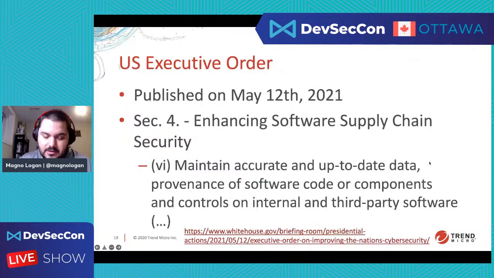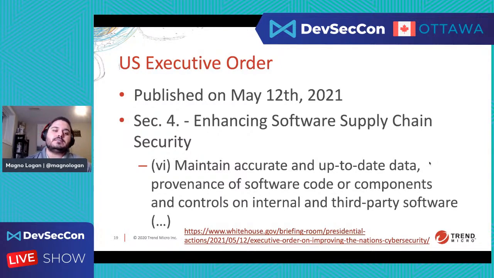And just to finalize the topic of supply chain here, right? I know we're at DevSecCon Canada, and we're talking from Canada here, but we need to understand that this US executive order affects us and affects different organizations that provide software to the US and US government organizations, right?